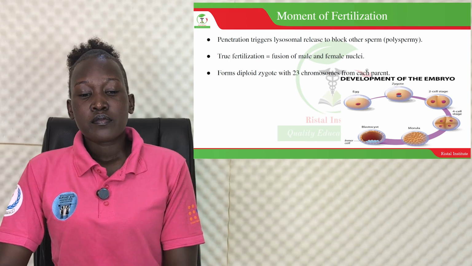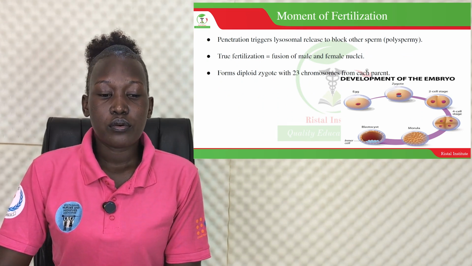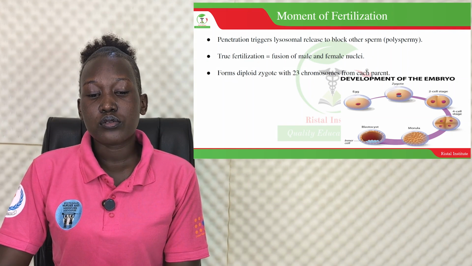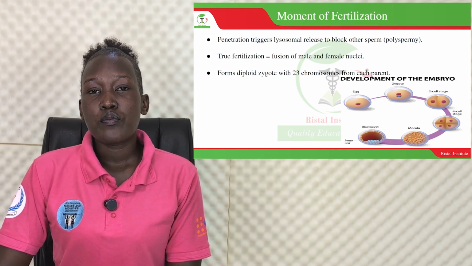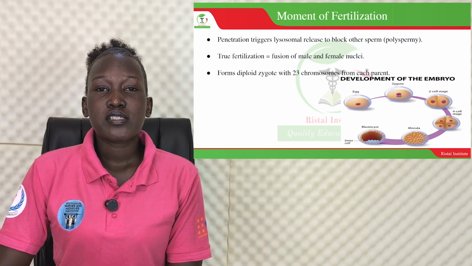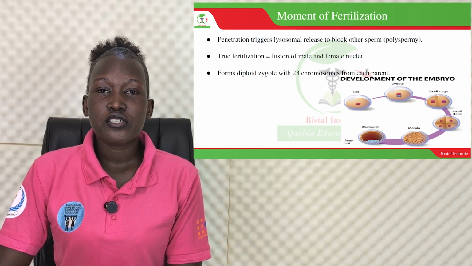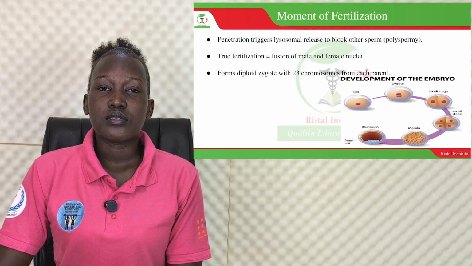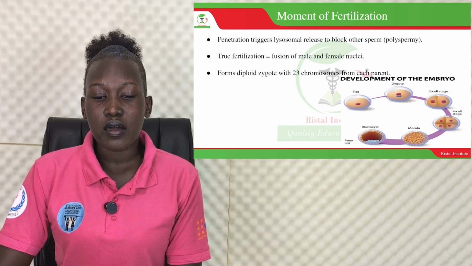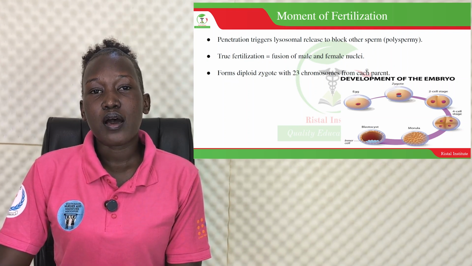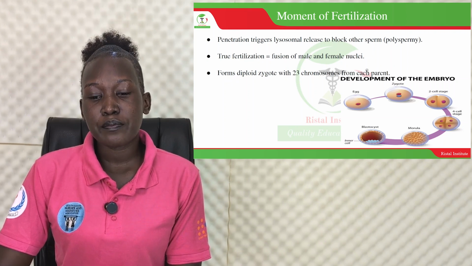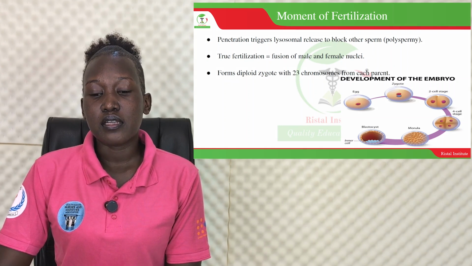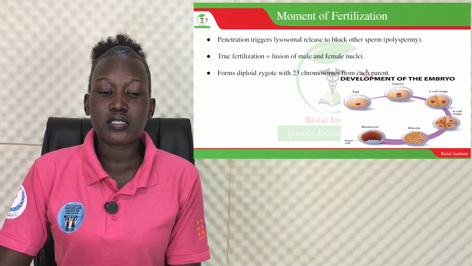Then the egg also releases some lysosomes or enzymes to make sure that the moment the first sperm penetrates or enters to fertilize the ova, there should be no other sperm entering.